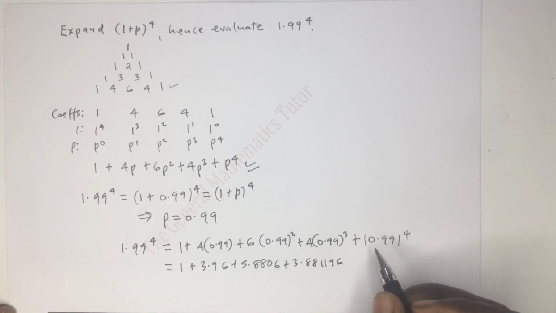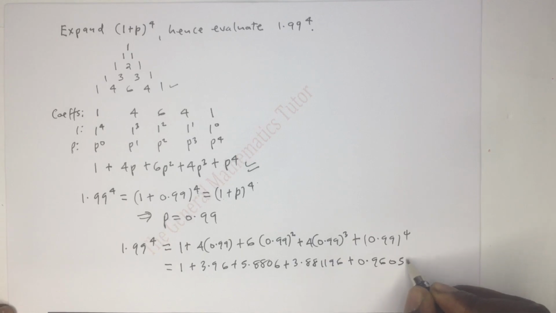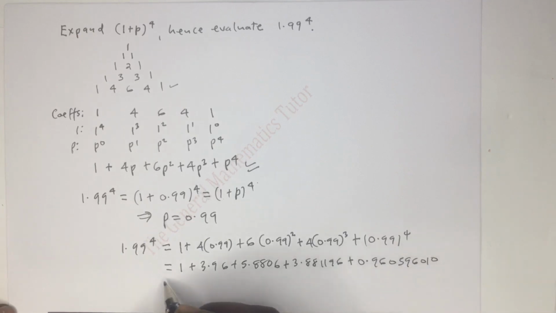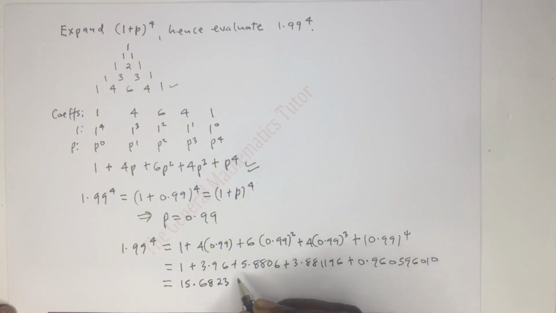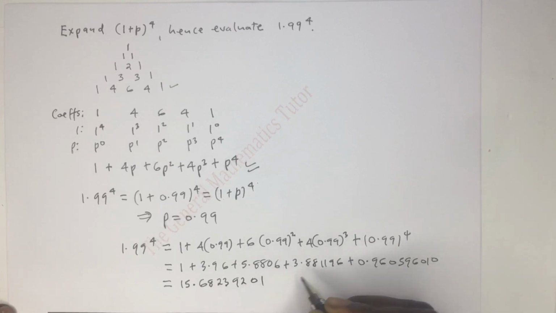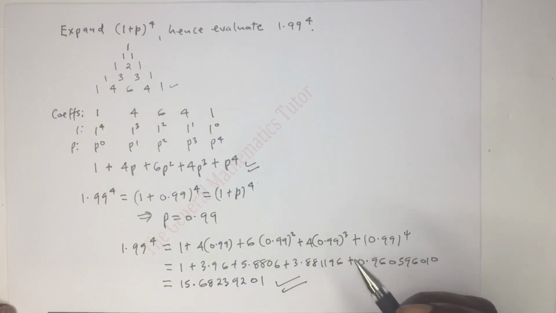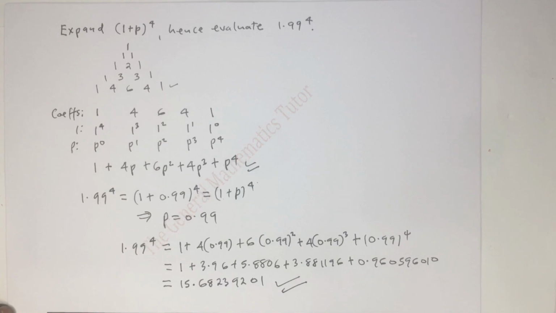Then finally we have 0.99 raised to the power 4, that will be 0.96059601. So if you work this out, you're going to get 15.68239201 as the expansion or the solution for 1.99 raised to the power 4.